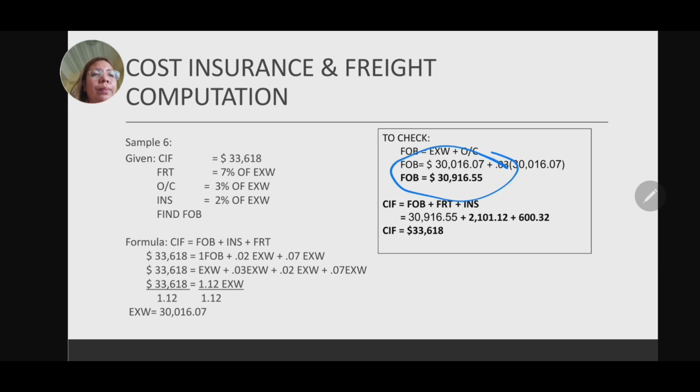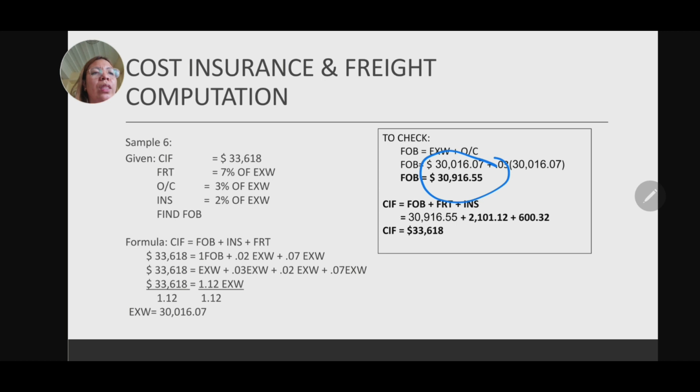Okay, so now that you already have your FOB value, we can now check if our answer is correct. Okay, let's see if we did get the correct answer. So again, the CIF formula is FOB plus freight plus insurance. Okay, so we already have the value of your FOB, which is 30,916.55.